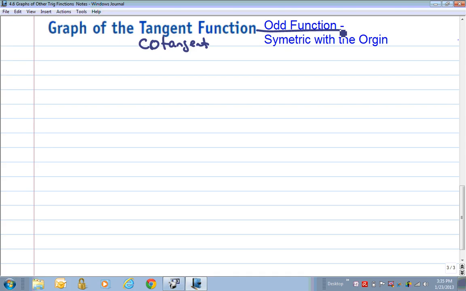Because it's about the origin, our period in tan and cotan graphs is different than our period in cosecant, secant, sine, and cosine. So the period is a big change here, and I just want you to remember that the period for these graphs is just pi. That's for both tan and cotan graphs.